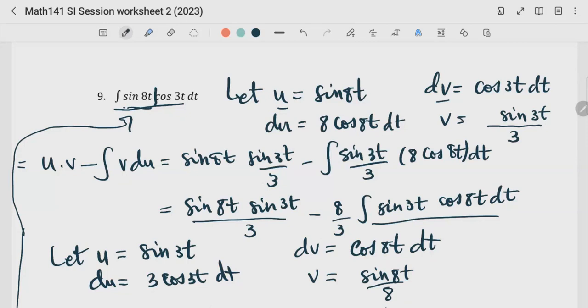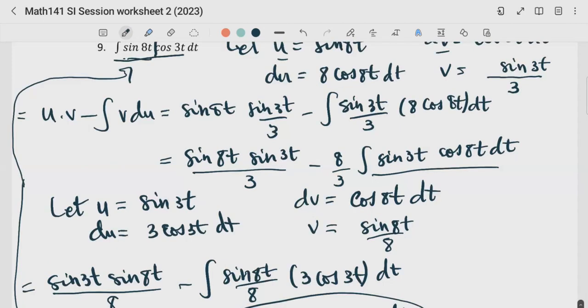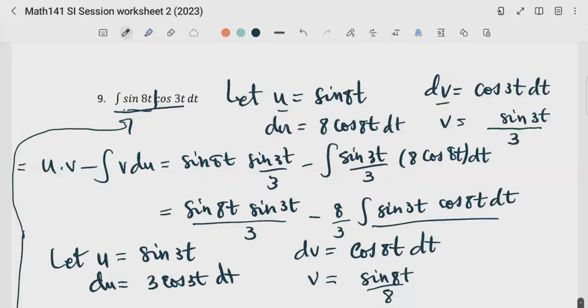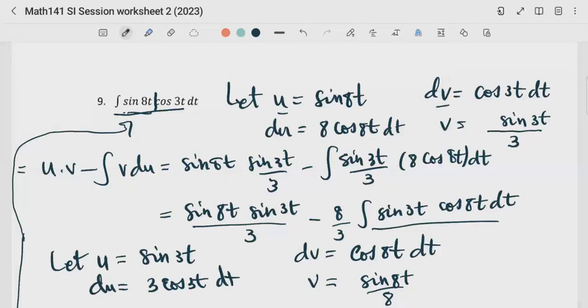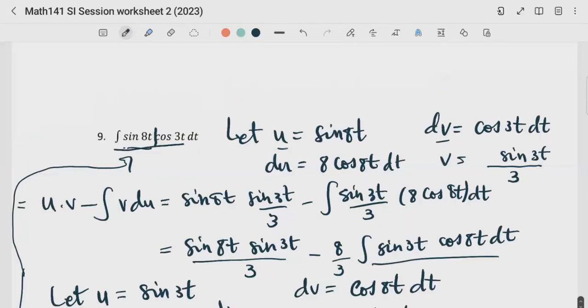So for this particular example, you have the choice to use u as the sine function or u as the cos function. So you could use either one. For example, instead of letting u be equal to sine 8t, you could let u be equal to 3t, and then your dv will be just sine 8t dt.